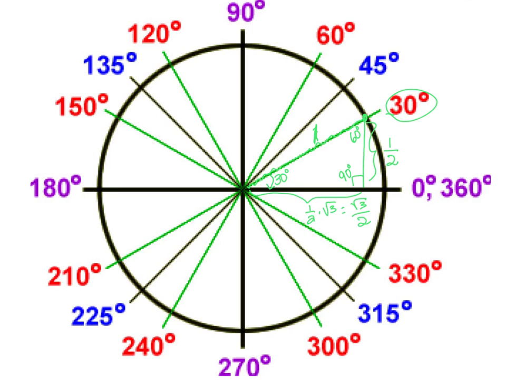So to get my ordered pair for 30 degrees, since I go from the origin over root 3 over 2 and up 1/2 to get to the 30-degree point on the line, my ordered pair for 30 degrees is the square root of 3 over 2, 1/2.